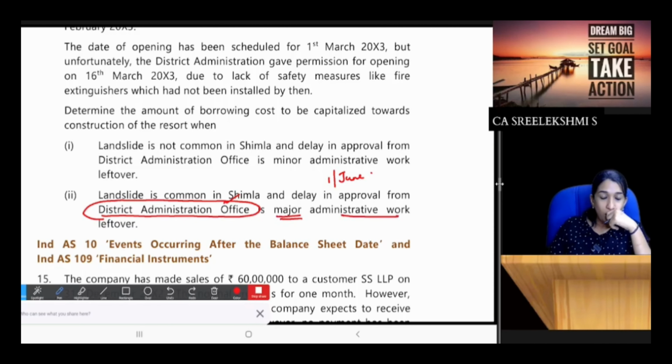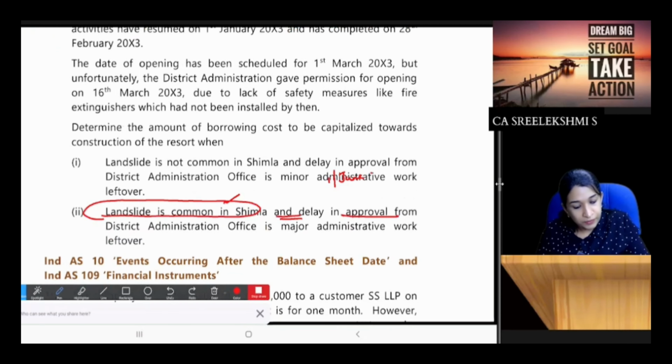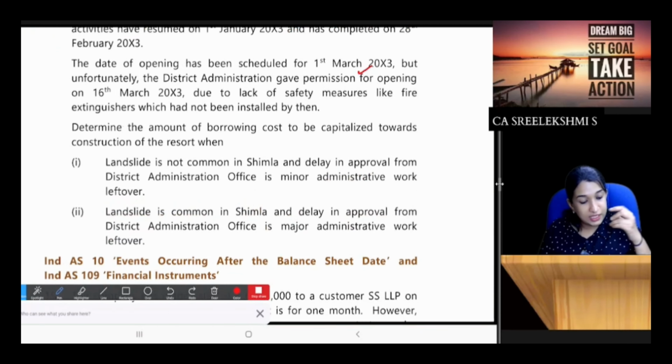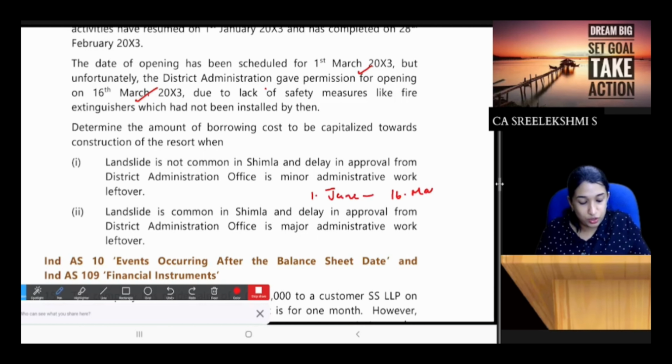Major work left over means you cannot cease on 28th February. Then what should we do? The date of opening had been scheduled for 1st March, but unfortunately the district administration gave permission for opening only on 16th March, which means the work during those 2 weeks is major. So the work is not substantially completed. So you should capitalize from 1st June to 16th March.